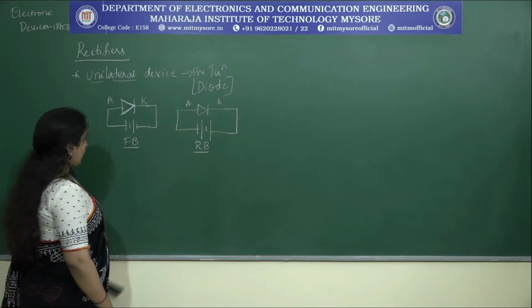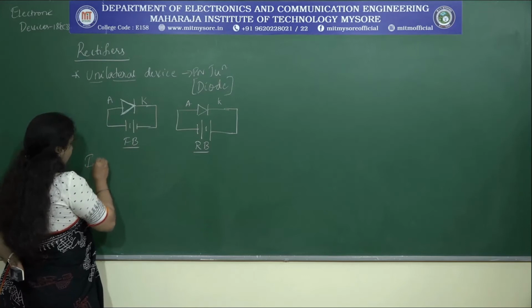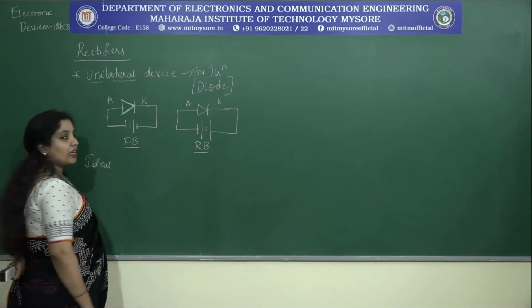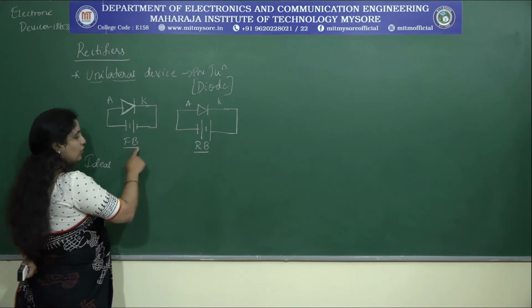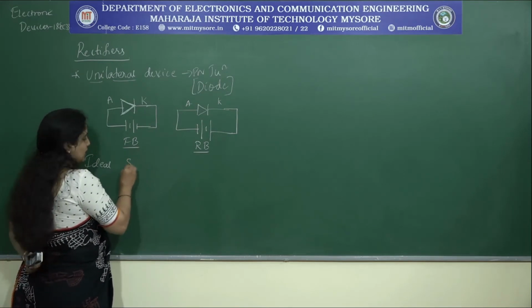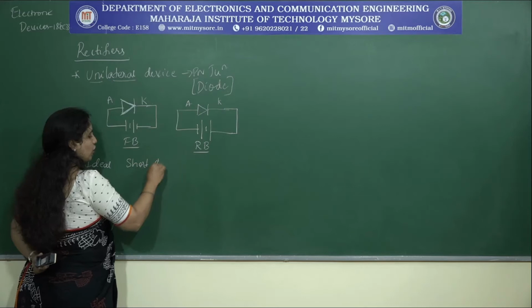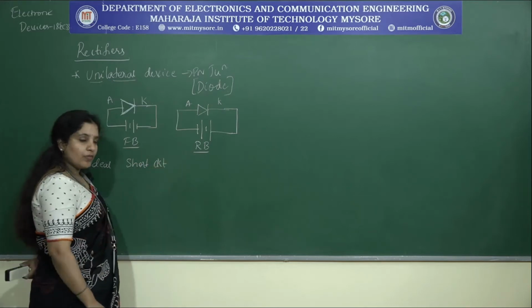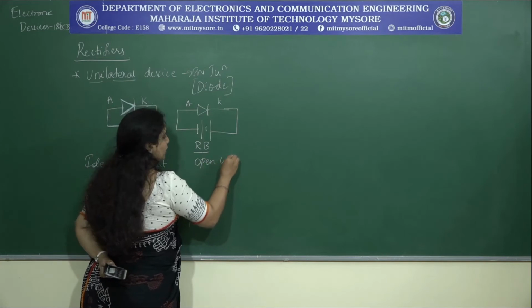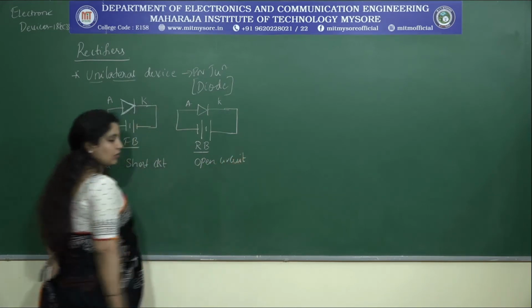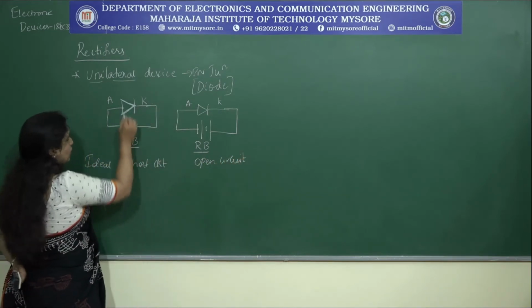Done. Now if I consider the ideal condition, under that condition, the forward bias is represented by a short circuit, whereas the reverse bias is represented by an open circuit. How will I represent this short circuit?